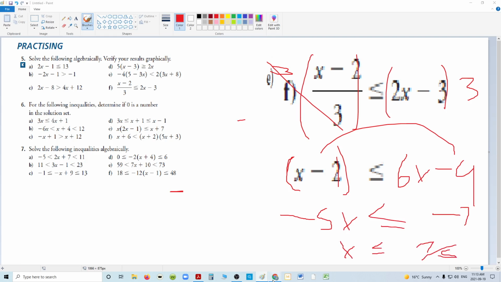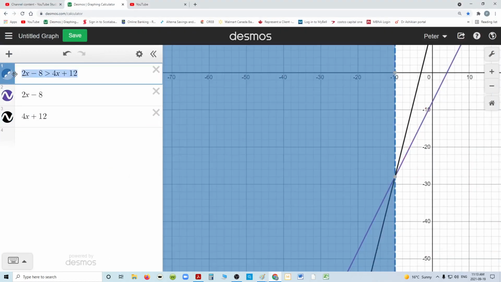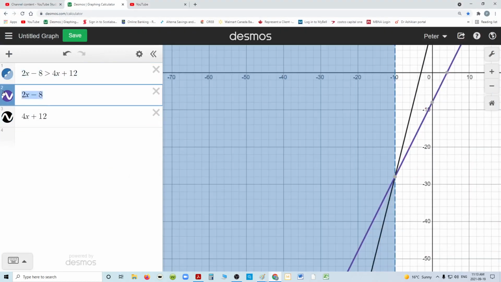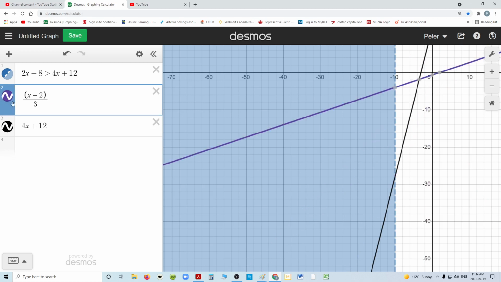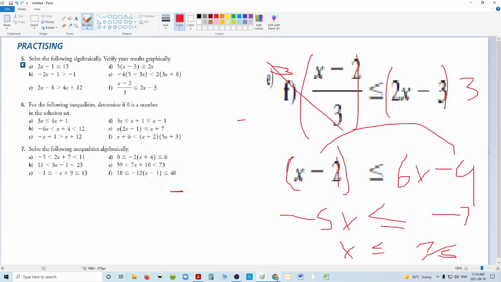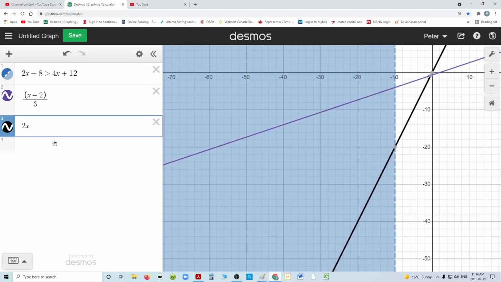Now we can put this into graphics. Let's do the x minus 2 and divide it by 3. And let's do the other one, which was 2x minus 3.